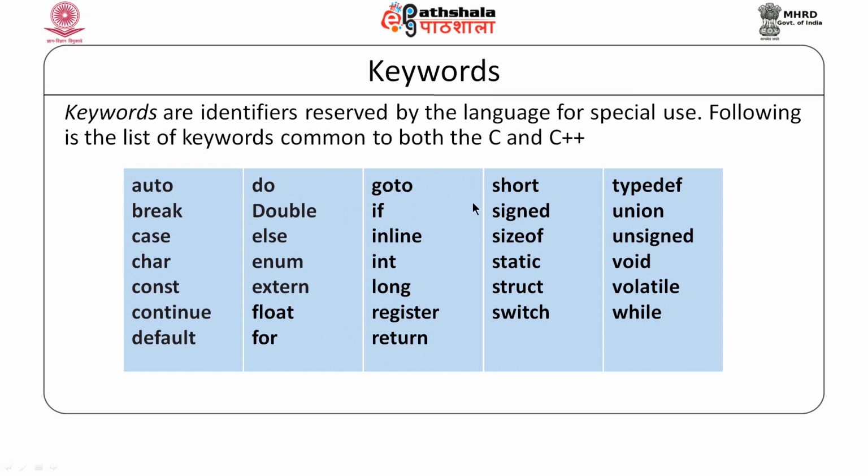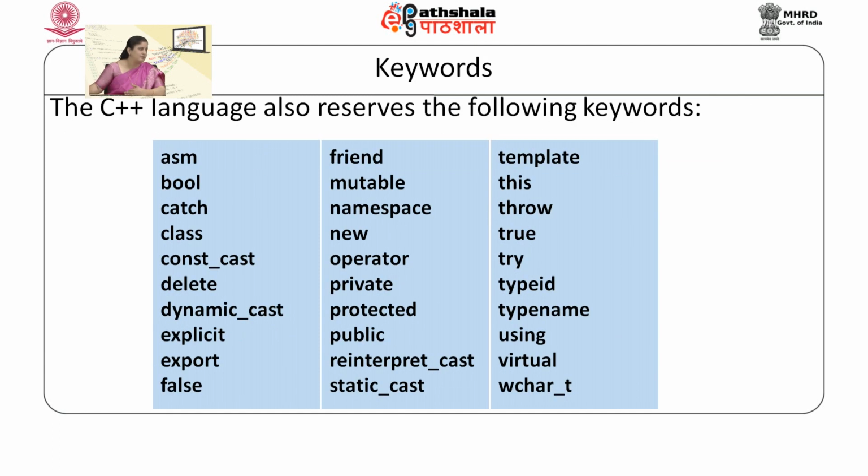But apart from these, because C++ is an extension of C, it has introduced many more concepts and the object oriented paradigm. So, it requires more keywords to have those facilities in the language. Apart from these keywords which are common in C and C++, C++ has these additional keywords.